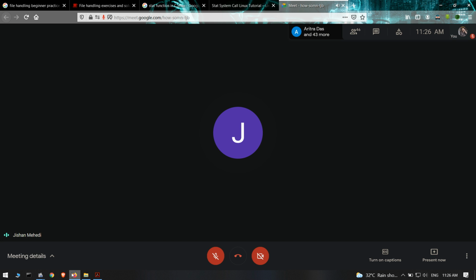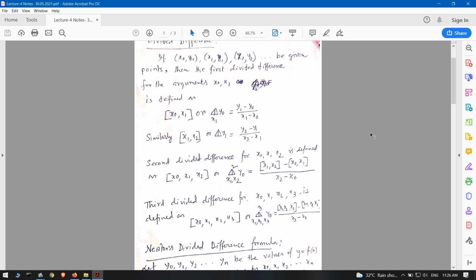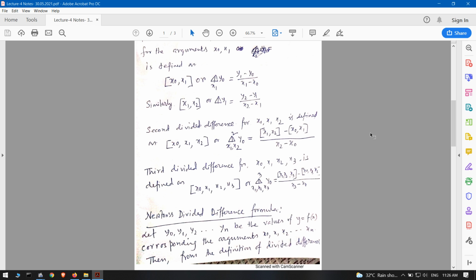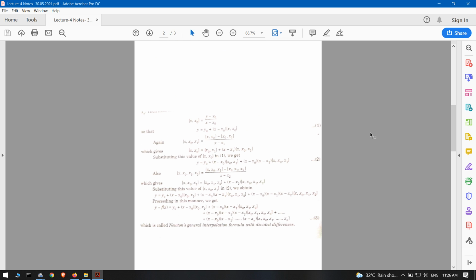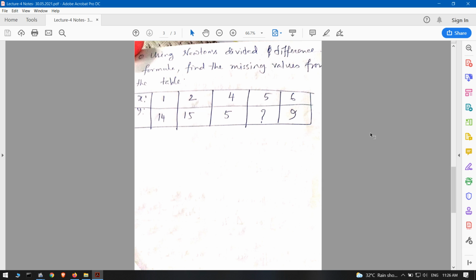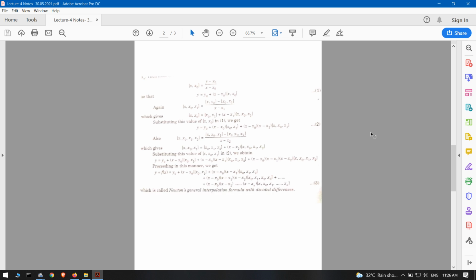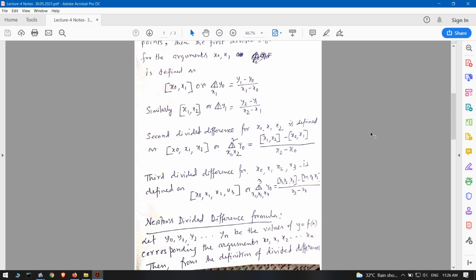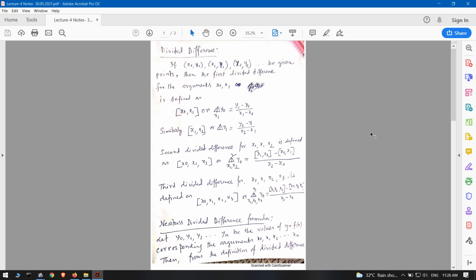So up to this, any confusion for divided difference calculation? First, second, and third. Divided difference calculation is nothing new. We have already calculated the difference table, so here only that procedure will be followed. The only thing is that what you have calculated for the difference table, that value must be divided by the difference of the x values, the difference between the independent variables.